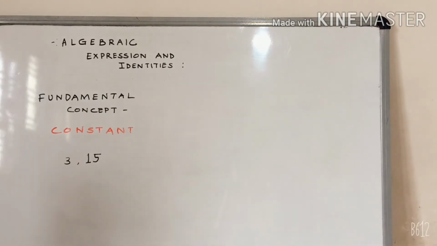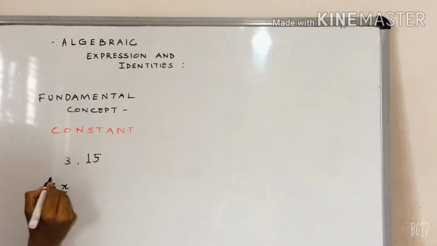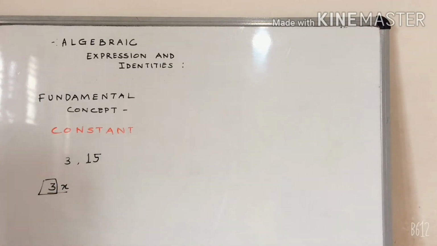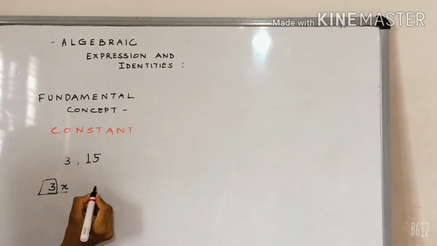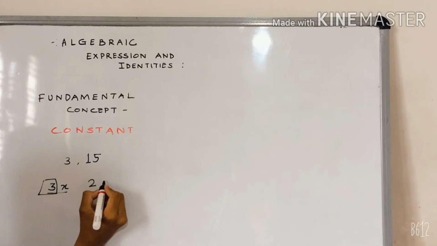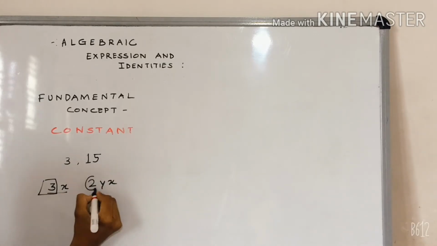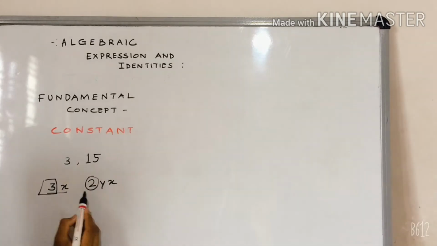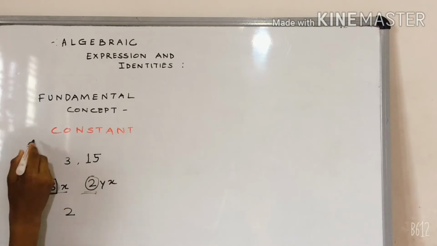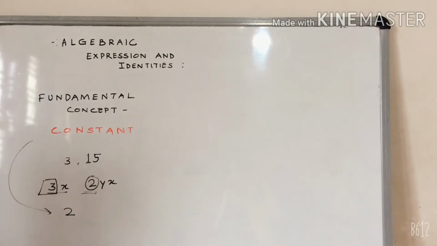But when these are applied in terms, like 3x, this is a term and 3 is a constant. Like 2y, this is a term, and 2 is a number, so this is a constant.